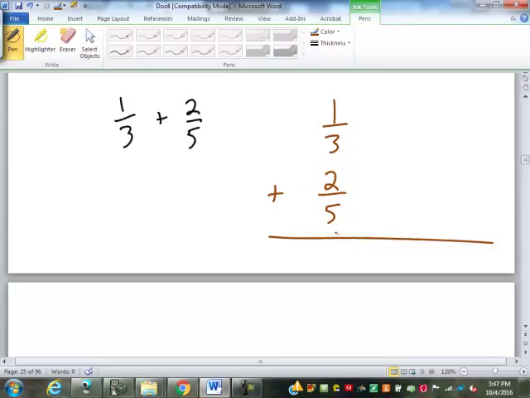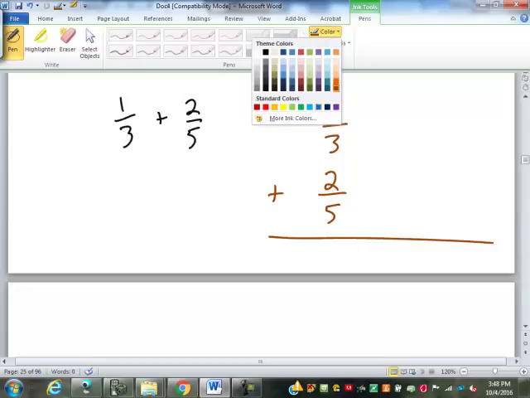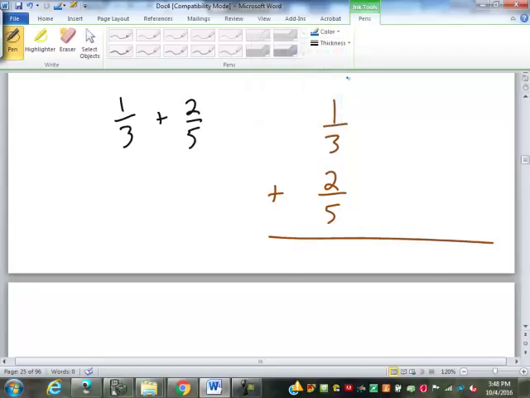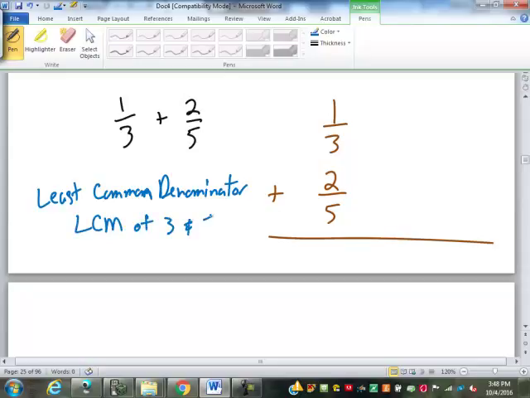Now I'm going to write them vertically because adding makes more sense to me vertically. The least common denominator, or the name we're going to change them to, is just the LCM, least common multiple, of the denominators. So in this case, of 3 and 5.